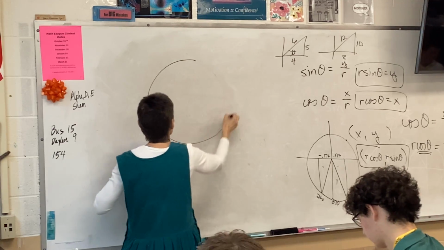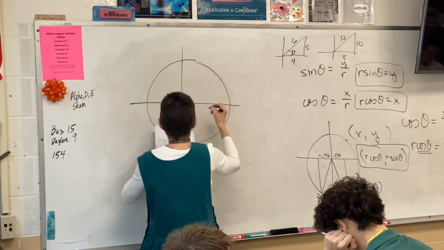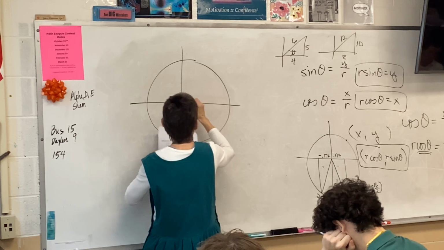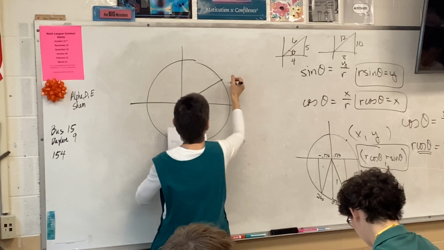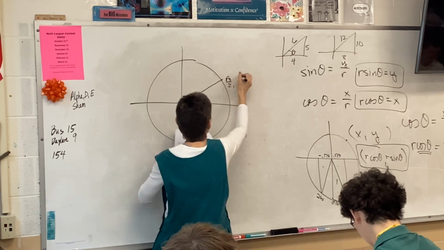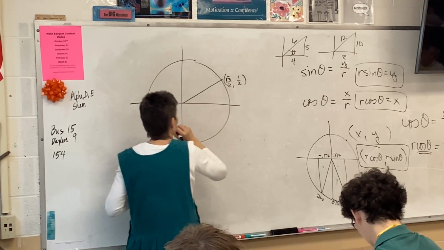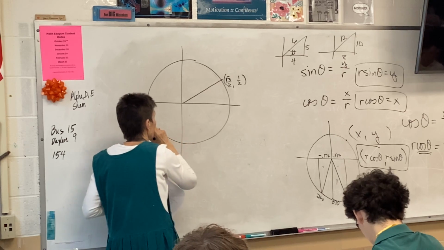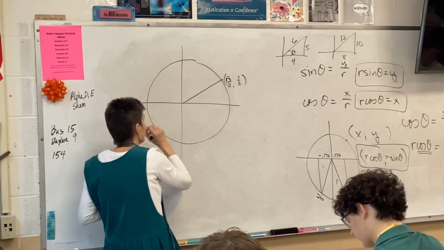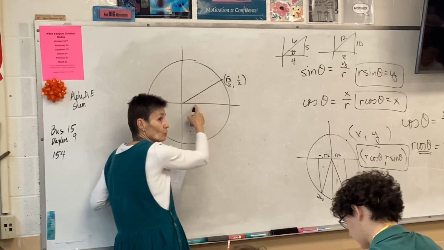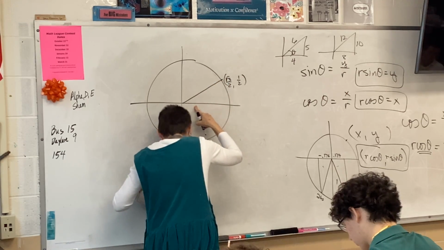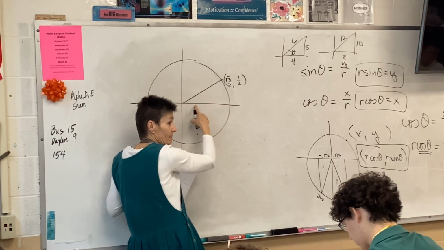All right, so here's my unit circle. And I got some points here. Now when I look at that point, can you tell me how big this angle is right here? Well, it's a 30, but remember we gotta be in radians, so we won't say 30, we'll say pi over 6.